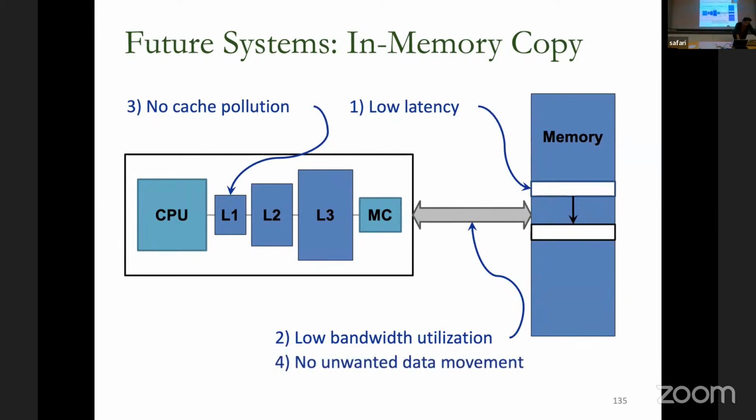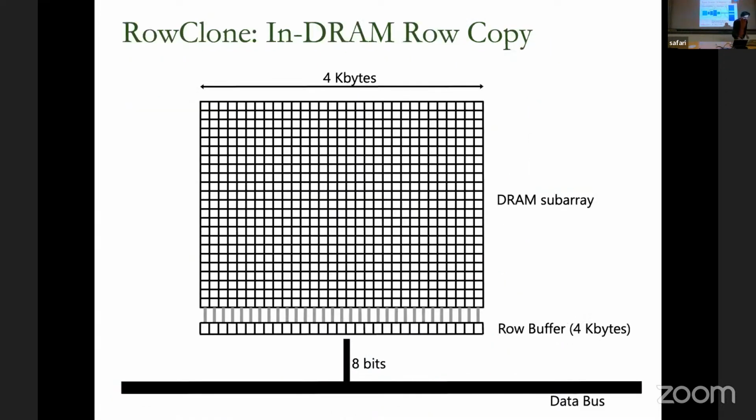So we can save a lot of data movement if we have this in-memory copy capability, right? And as you see, we can also reduce the latency a lot and reduce the energy consumption a lot. And that's something that can be done with RowClone, a technique that was proposed by our group in 2013.